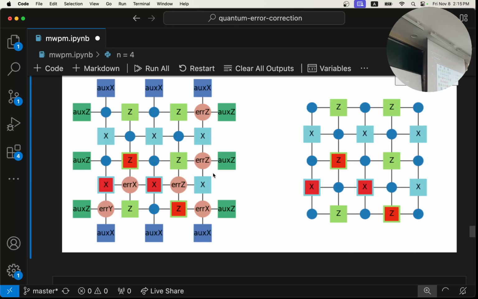But you can do the same thing with a different option. For example, instead of these 2 data qubits having X errors, how about we have an X error here and an X error here? If you have an X error here, it changes the readout of these 2 stabilizers. Right? And if you have an X error here, it changes the readout of these 2 stabilizers. Now, in here, there were 2 changes, so it switched twice.